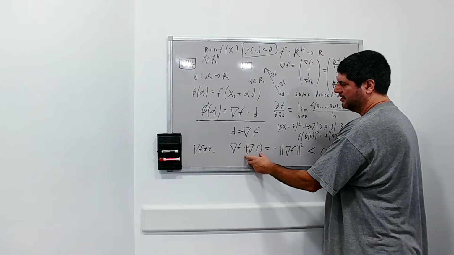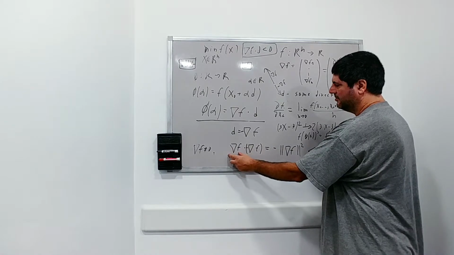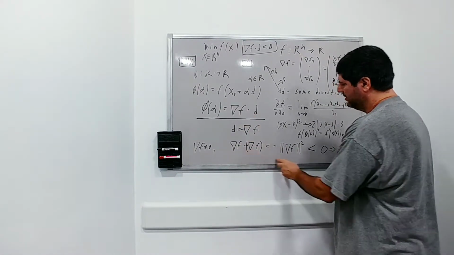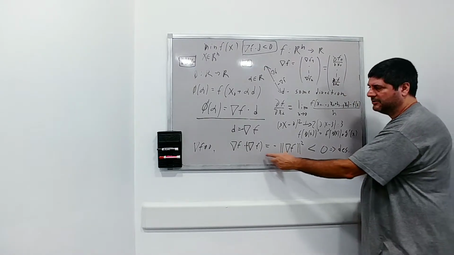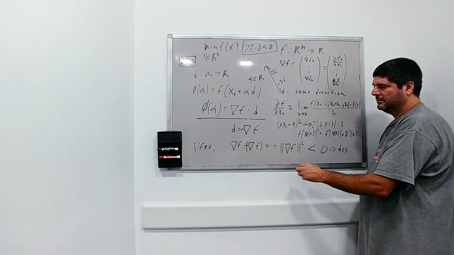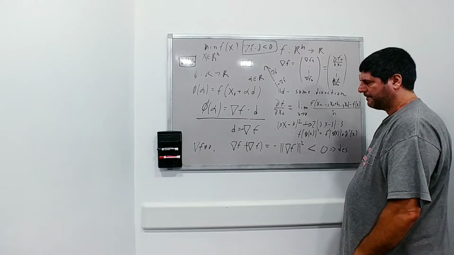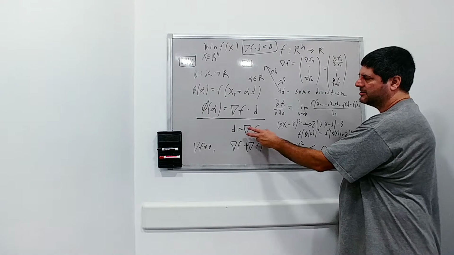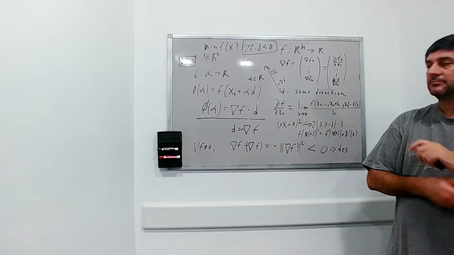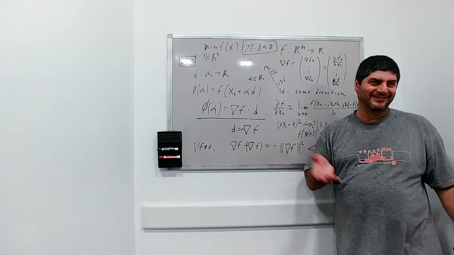Where did this equation come from? Why does d equal minus the gradient? I'm just taking a direction, any direction. Oh, you're defining d as... Yeah, I'm taking a direction.